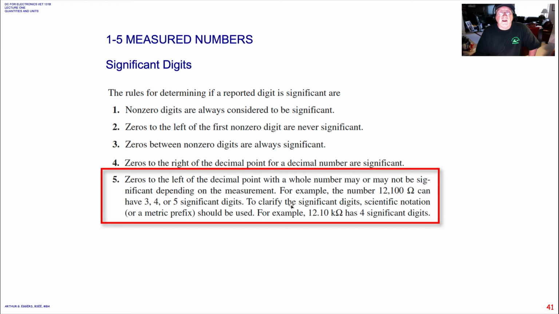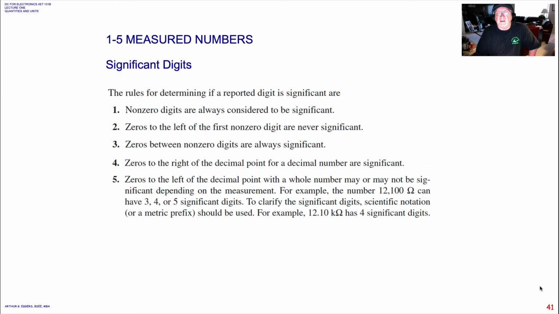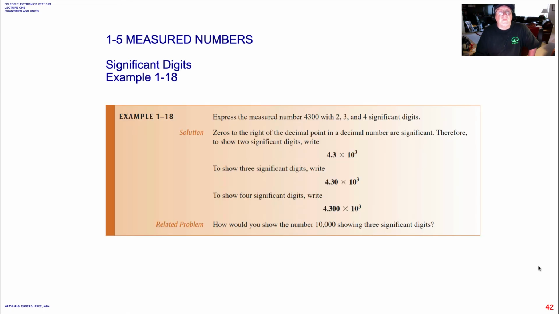To clarify the significant digits, scientific notation or a metric prefix should be used. So for example, 12.10 k ohms has 4 significant digits. So looking at an example, express the measured number 4,300 with 2, 3, and 4 significant digits.